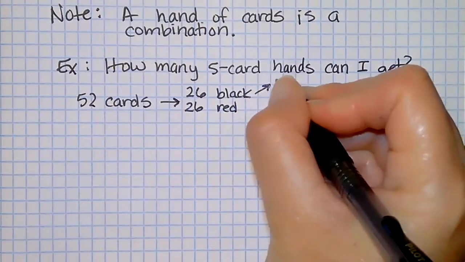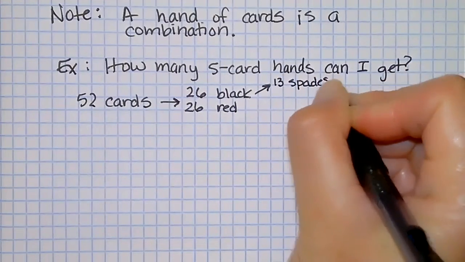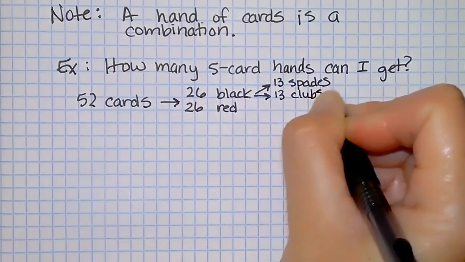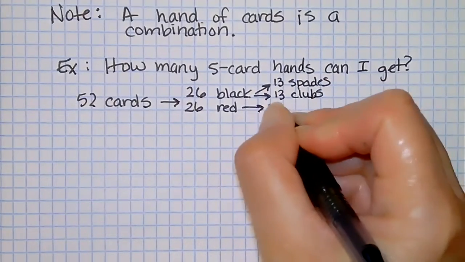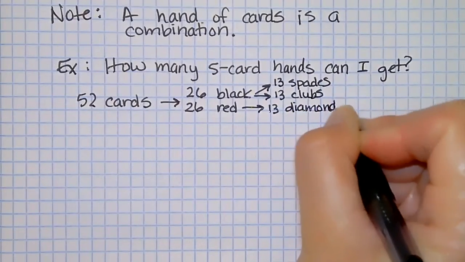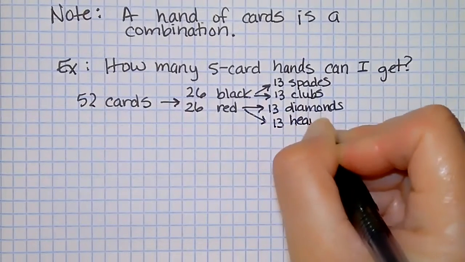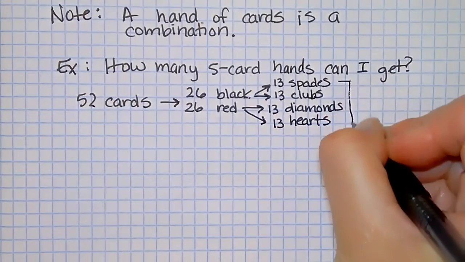So you have 13 spades, and you have 13 clubs. Your red ones, again, are split into 2. So you have 13 diamonds, and you have 13 hearts. Okay, and these are your suits.